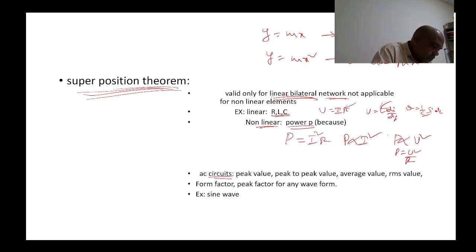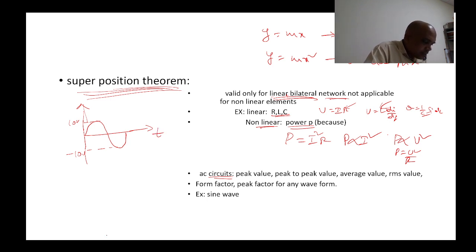So coming to AC circuits. Here, peak value: if you take a sine wave, this is the maximum value. Let us take 10 volts, and this is minus 10 volts. Peak value is nothing but the maximum value, so the peak value is 10 volts.